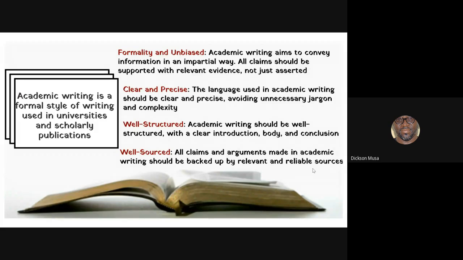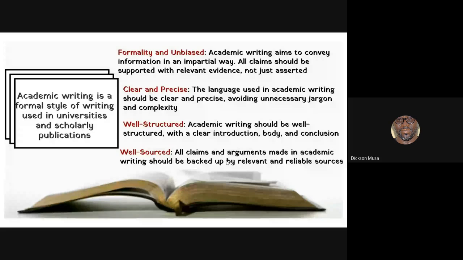Also, all academic writing must be clear and precise. The language used in academic writing should be clear and very, very precise. And when we write academic papers, we have to avoid as much as possible jargons and unnecessary complexities.